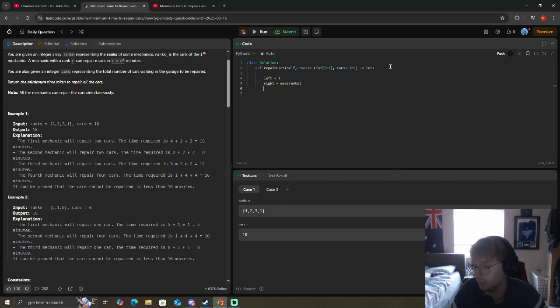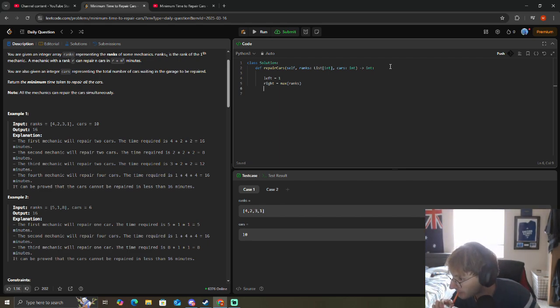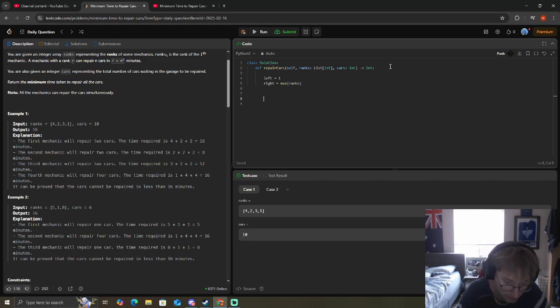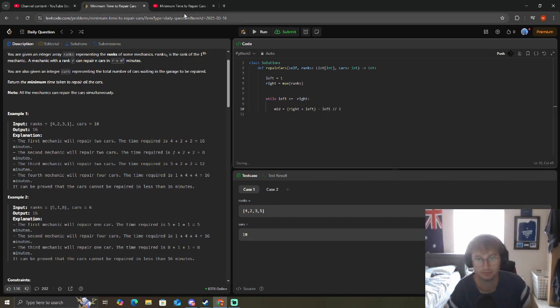I know we can pick any one, but whatever. So while our left is less than or equal to our right, we want to calculate our midpoint, right? And our mid is right minus left over 2 plus left, I think something like that.